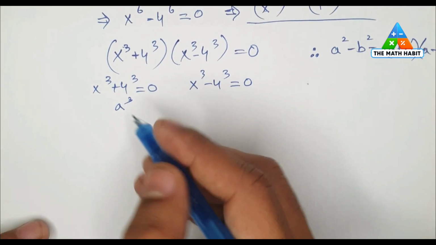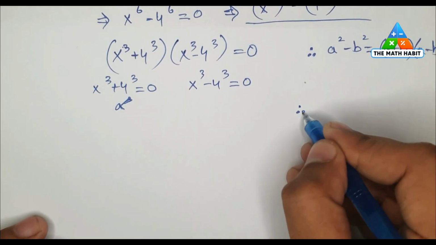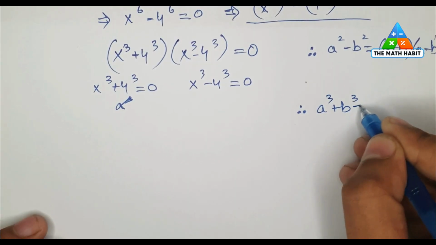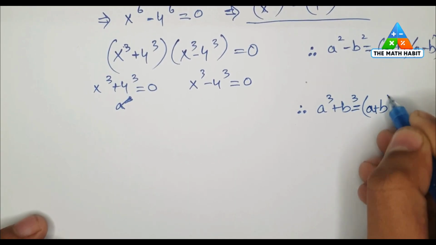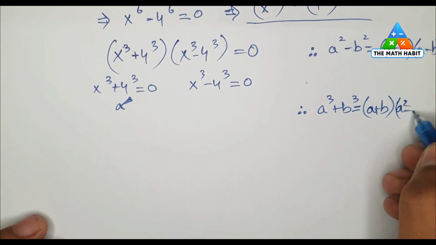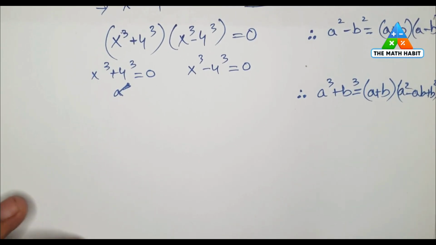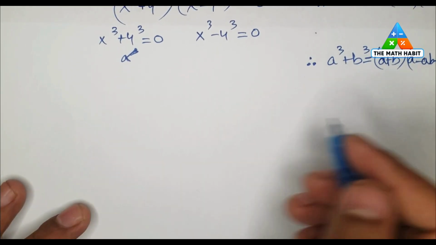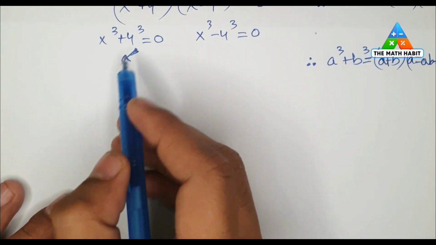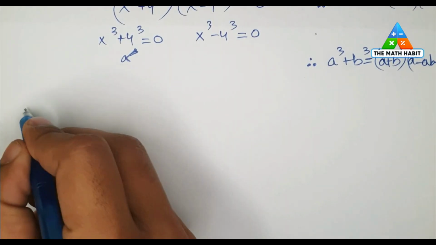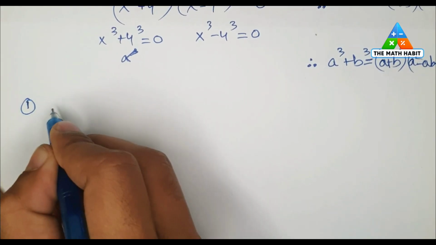At this point I'll apply the formula a cube plus b cube, which will be equal to a plus b into a square minus ab plus b square. So by applying this formula to these expressions, we'll get two cases as a whole.